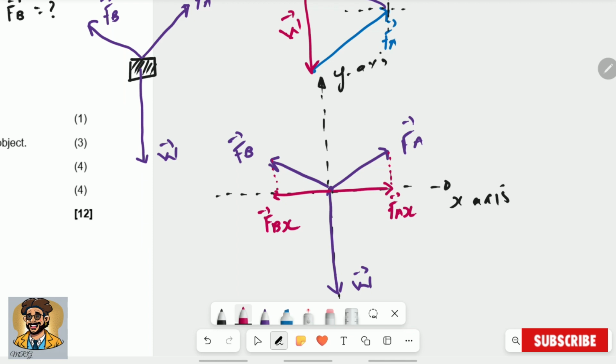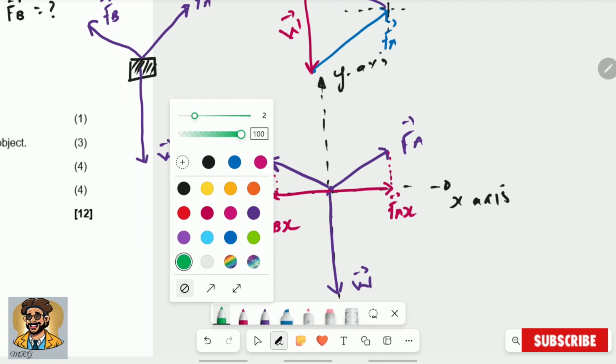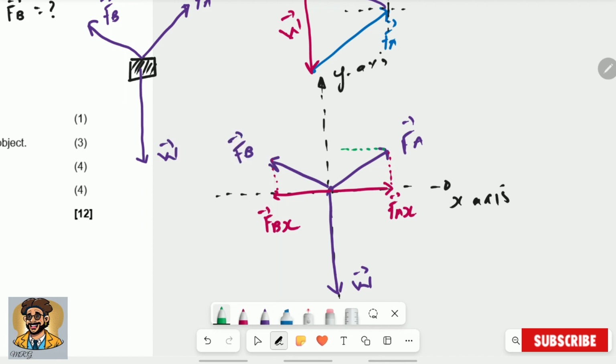And you are going to do the same for the y. Maybe use another color. You will get on this side here FA in y, and you will get here on this side FB in y. Do you understand that?